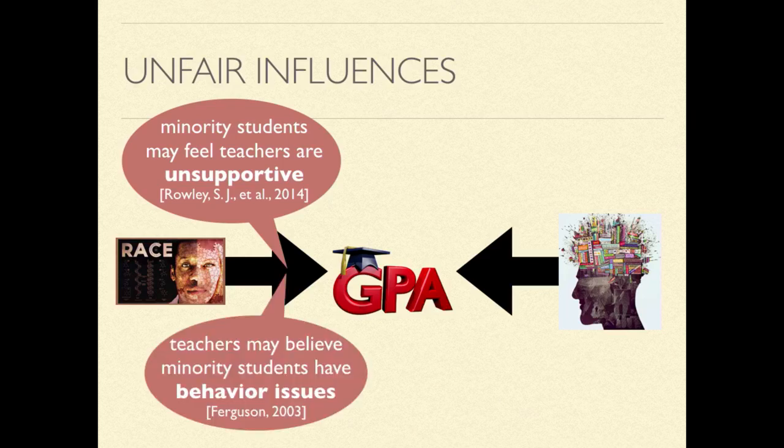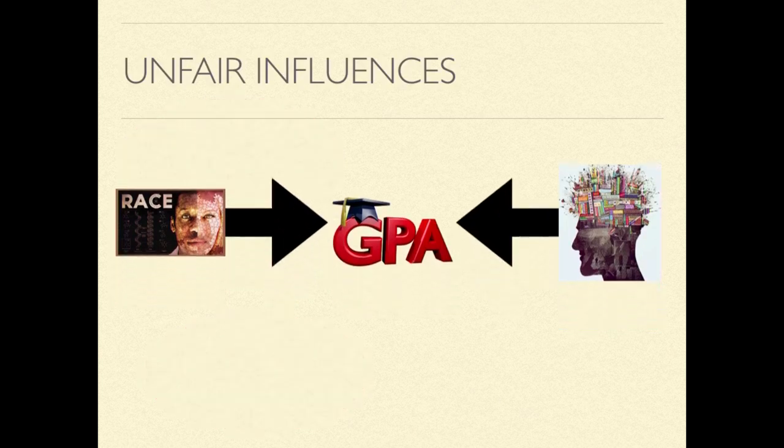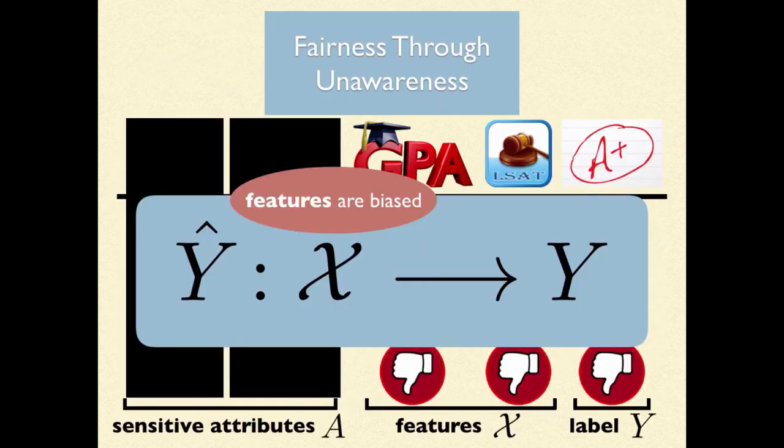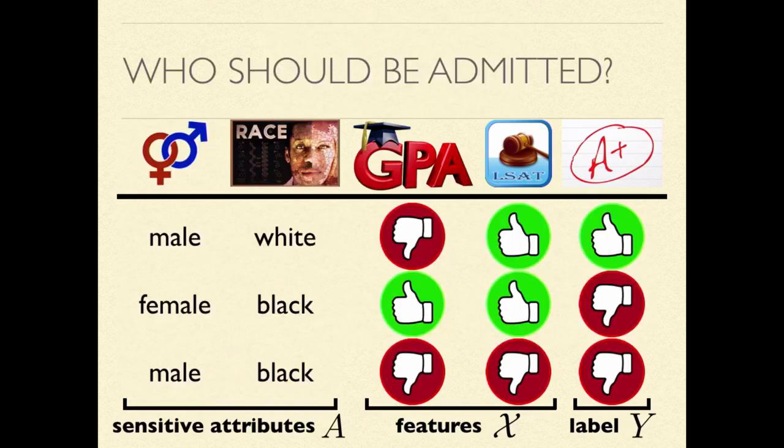And by the same token, teachers may believe that minority students have behavior issues which causes them to treat them differently. The same goes for the LSAT score. This could be due to class placement or due to an economic history that is specifically based on race. So in trying to remove the sensitive attributes, we didn't succeed because the features themselves are biased. So we might take a different approach.